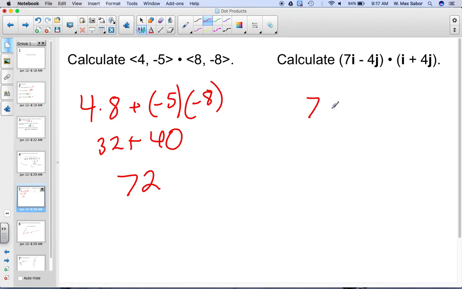This is not the distributive property in any way. We're just multiplying parallel components. So 7 and 1, -4 and +4. And then when we add these, we get -9. So this has a positive dot product. This has a negative dot product.